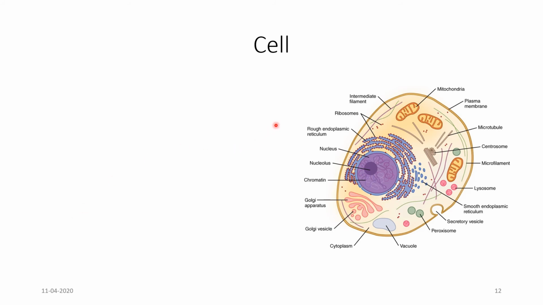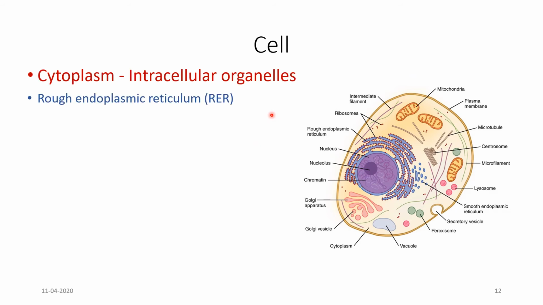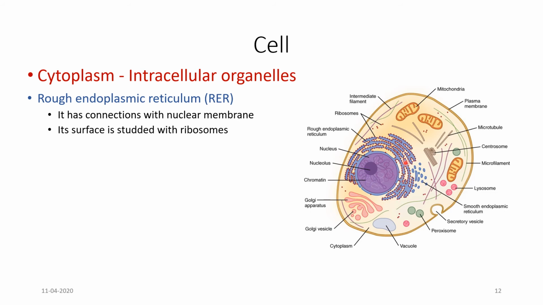Now we will consider each one of the individual intracellular organelles. So this is the rough endoplasmic reticulum you are seeing. It has connections with the nuclear membrane. These are the connections you are seeing. Its surface is studded with ribosomes.